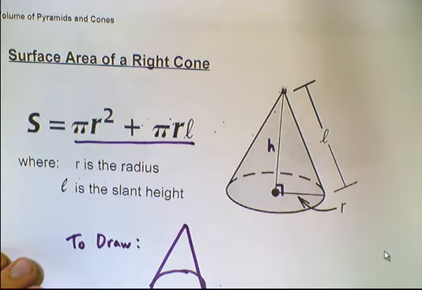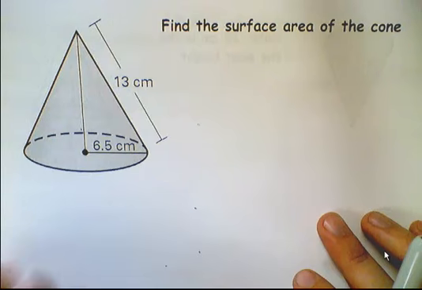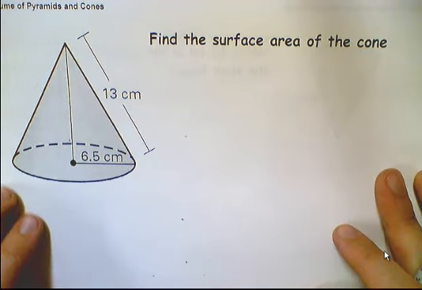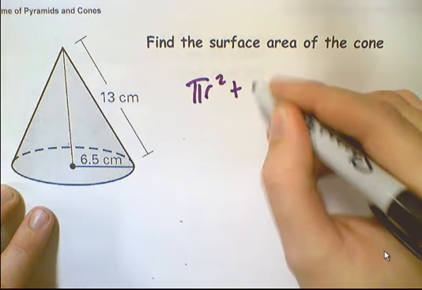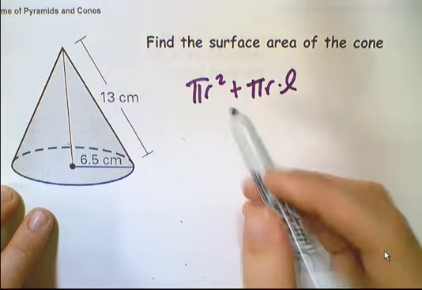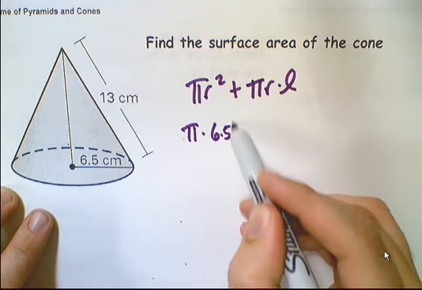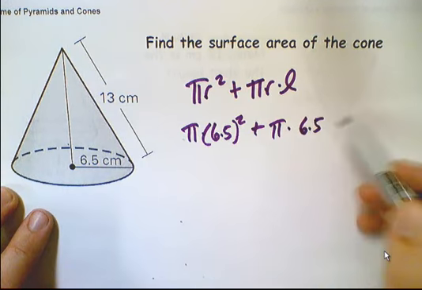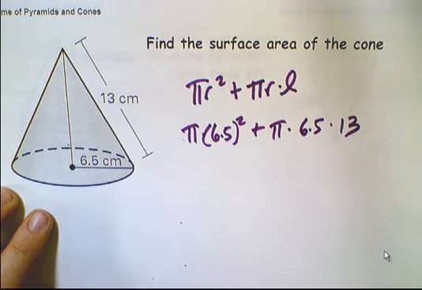Pi r squared plus pi r l. Surface area of this cone here, just writing out the formula again so we can see it. Pi times 6.5 squared plus pi times 6.5 times 13. Okay, just showing the pieces.